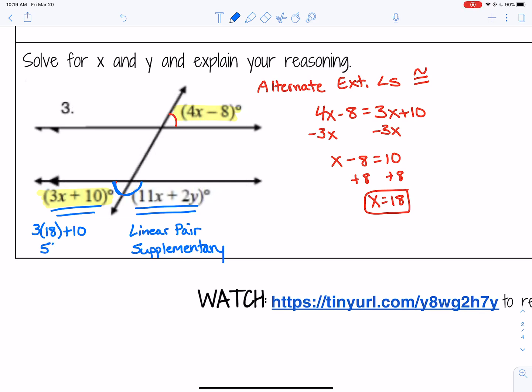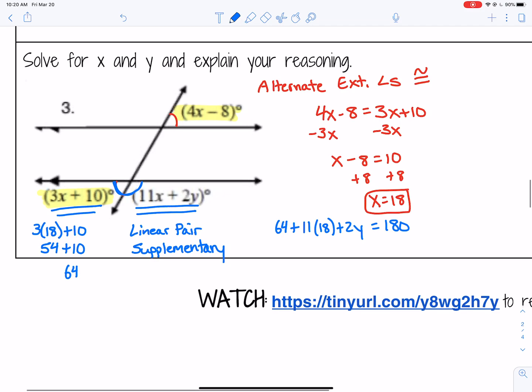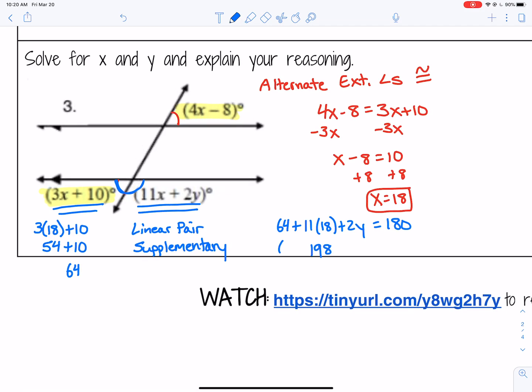So that would be 54, 3 times 18 plus 10. So 3 times 18 is 54, plus 10 gives us 64. So let's say 64 plus 11 times 18 plus 2y will all add up to 180. 11 times 18 is 198, so now we get 64 plus 198 plus 2y is equal to 180. 64 plus 198 would be 262.